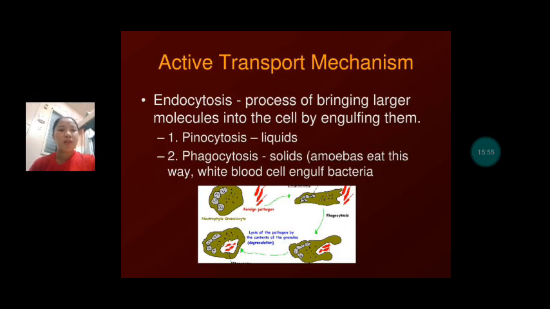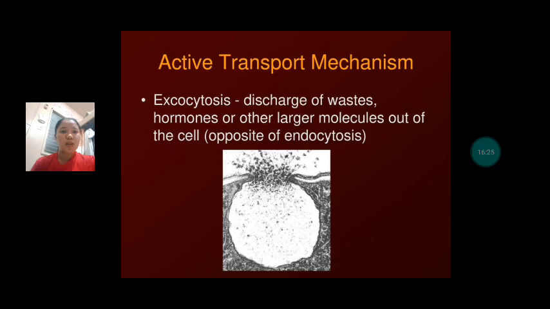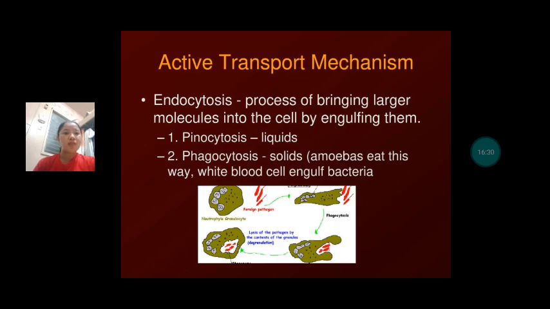So next is the active transport mechanism: endocytosis, the process of bringing larger molecules into the cell by engulfing them. When we say engulfing, it means to take in or swallow. Endocytosis is the opposite of exocytosis. Endocytosis is the process of bringing larger molecules into the cell.